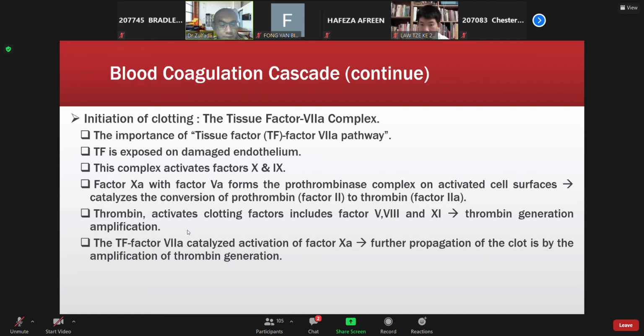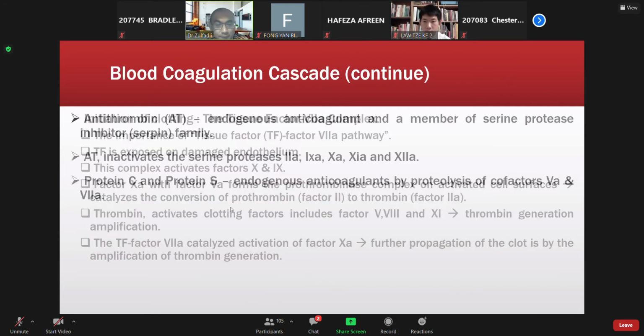So this is thrombin generation amplification. There are anticoagulant drugs that inhibit thrombin, or that accelerate or bind to thrombin. So we will see about it.